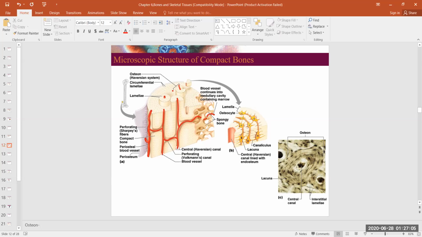So let's talk about what exactly an osteon is. In the center, you see the red cavity, the hole here, which contains the blood vessel. So each osteon has a central canal, meaning a cavity in the center.